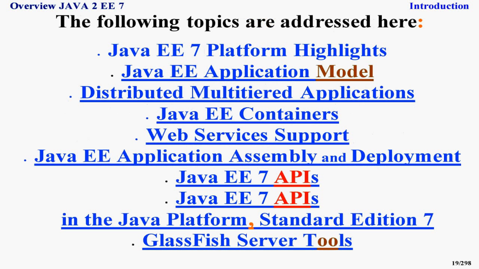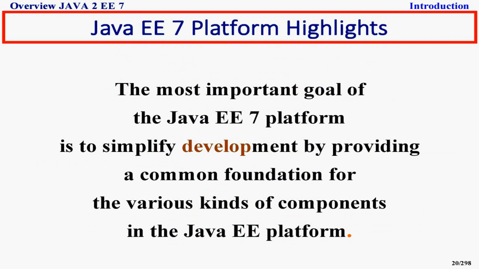The following topics are addressed here: Java EE 7 platform highlights, Java EE application model, distributed multi-tiered applications, Java EE containers, web services support, Java EE application assembly and deployment, Java EE 7 APIs, Java EE 7 APIs in the Java Platform, Standard Edition 7, and GlassFish Server Tools.